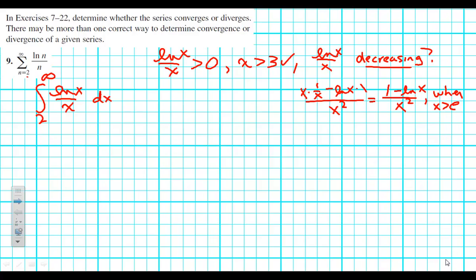Let's go back to the integral and ask, is the integral finite or is the integral infinite? Rewrite as a limit. The integral from 2 to b of natural log x over x dx. I think this is going to be a u substitution.